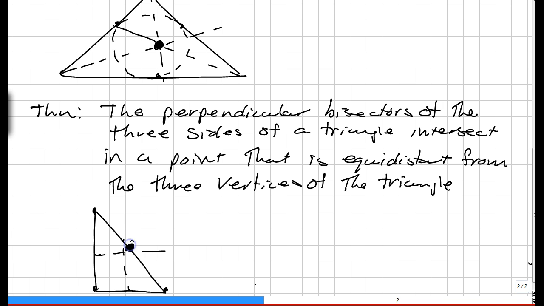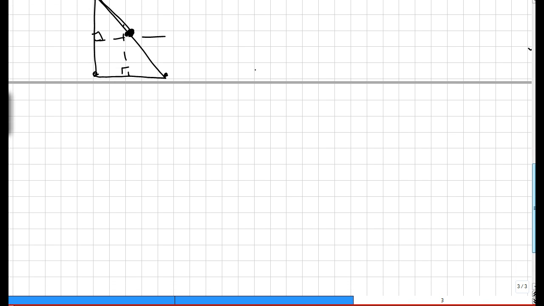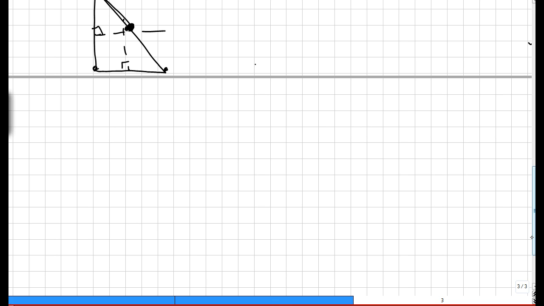So if I use this point as the center and this distance as my radius, I can circumscribe a circle about the triangle. Okay? So the perpendicular bisectors of the sides intersect at a point, and that point might be inside, on, or outside the triangle. Okay?